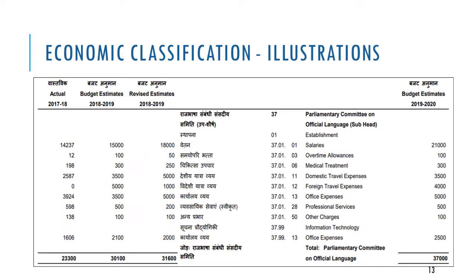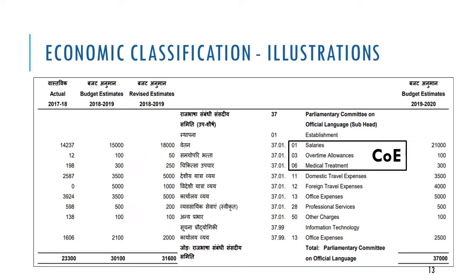Now let us take some examples to illustrate the economic classification given to the transactions in the budget documents. Here we have taken a snippet from a budget document and will see the marking of item against each object code. Clearly, the salaries, overtime allowances, and expenditure on medical treatment are part of compensation of employees.